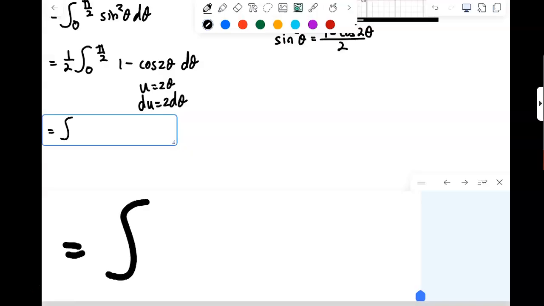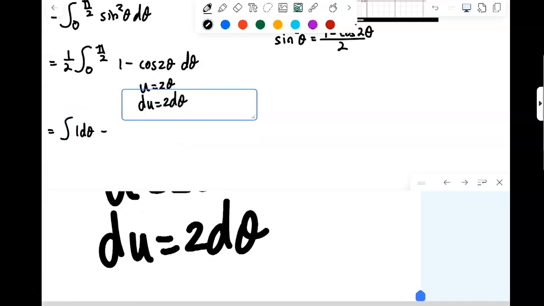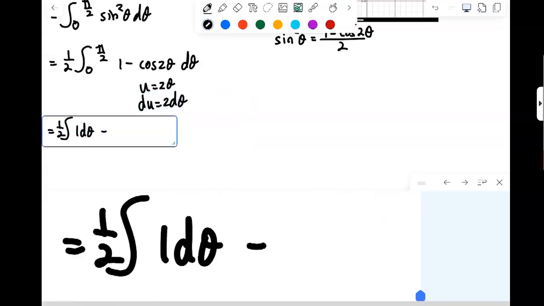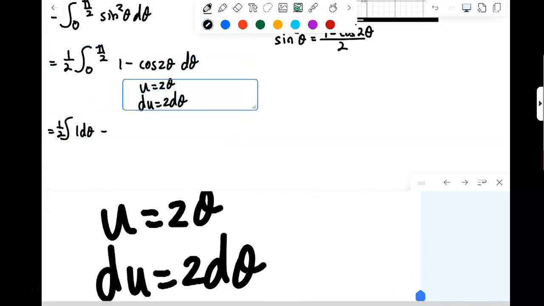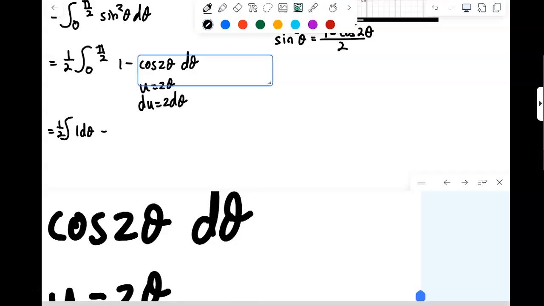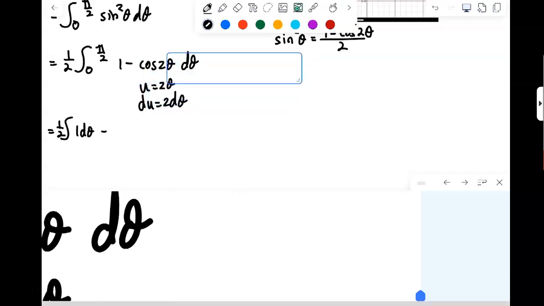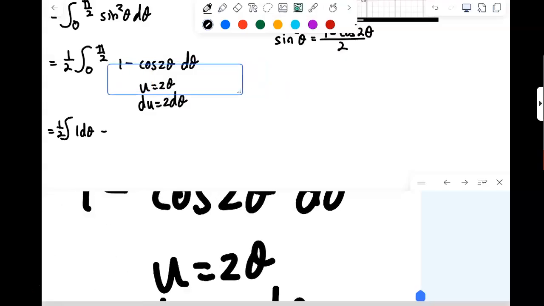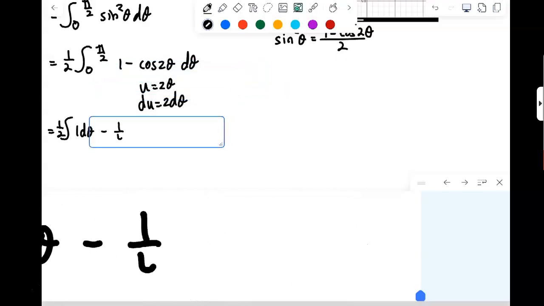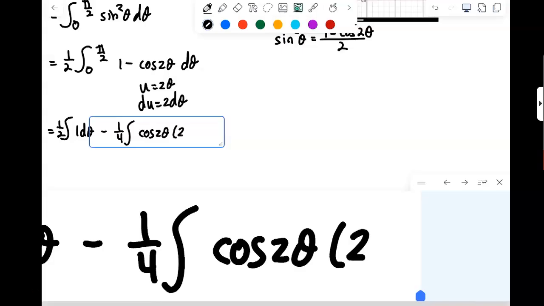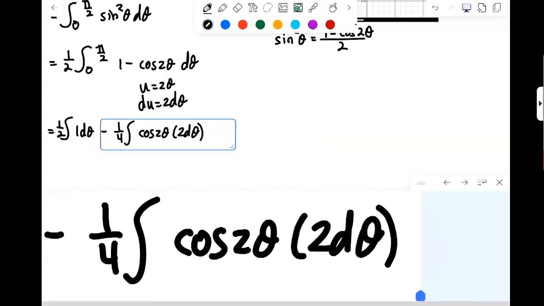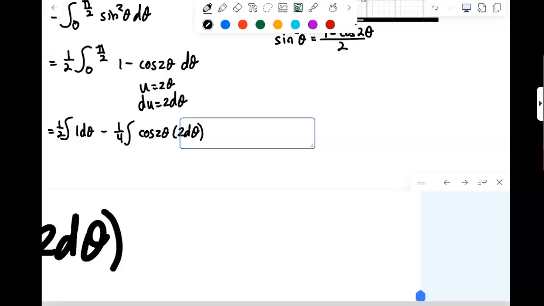So I'm going to have an integral of 1 d theta minus, and don't forget the 1/2 that's still there, cosine of 2 theta. I need a 2 to go with my d theta, so I would put that there and divide by it on the outside. That would be 1/4 integral of cosine 2 theta times 2 d theta. See how everything's set up, and we do our integral.